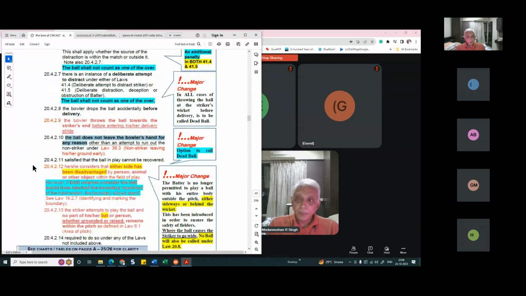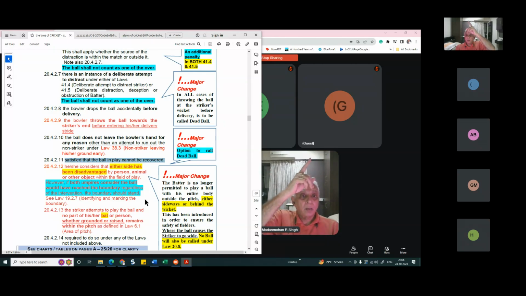All right. He is satisfied that the ball in play cannot be recovered. This has replaced what was earlier the lost ball law. It cannot be recovered in the sense that the ball is within the ground, but it cannot be recovered. There can be many reasons for it.